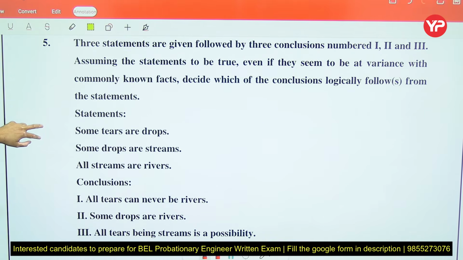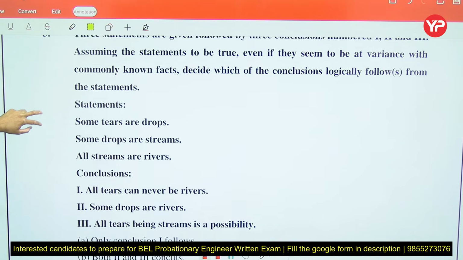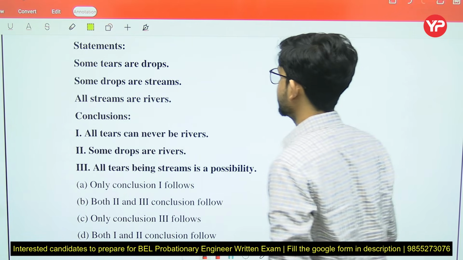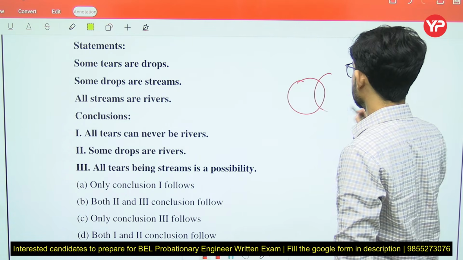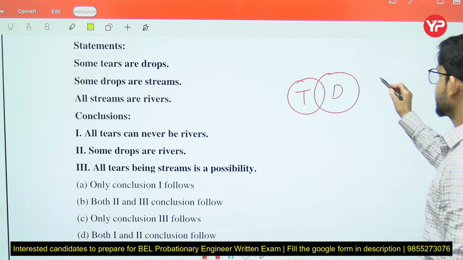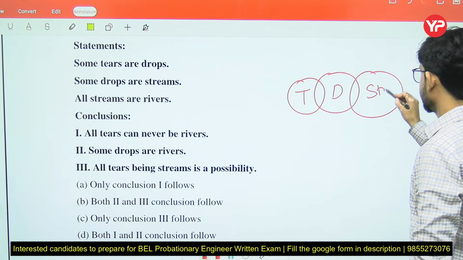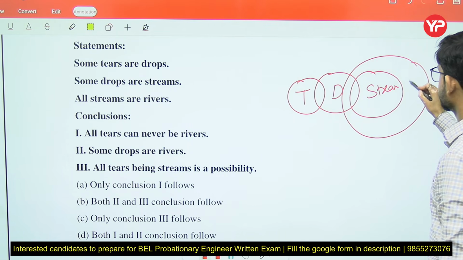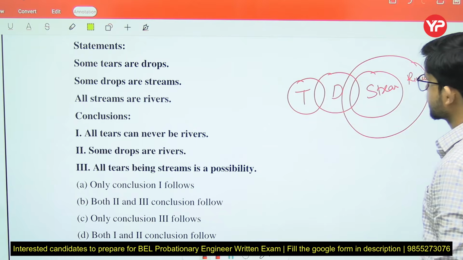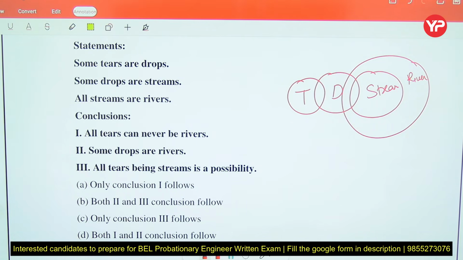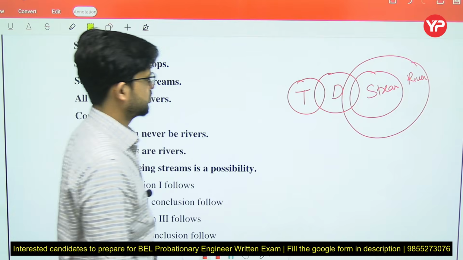The next question is from syllogism. In syllogism we have to make a diagram from the statements. The statements: some tears are drops. Some drops are streams. All streams are rivers. This is the question. Conclusion: all tears can never be rivers.